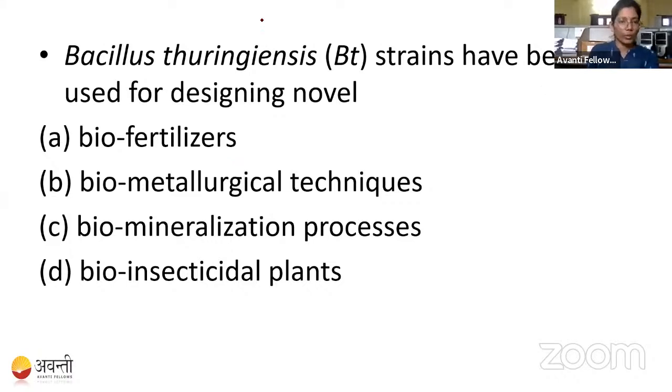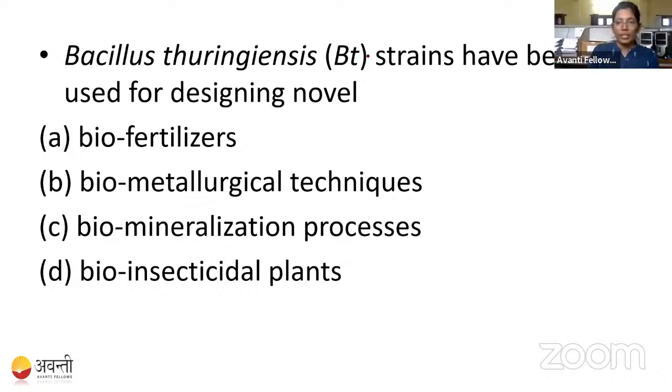Let me see how many people can give the correct answer. The question goes like this: Bacillus thuringiensis strains have been used for designing novel biofertilizers, or novel biometallurgical techniques, or the biomineralization process, or novel bioinsecticidal plants.